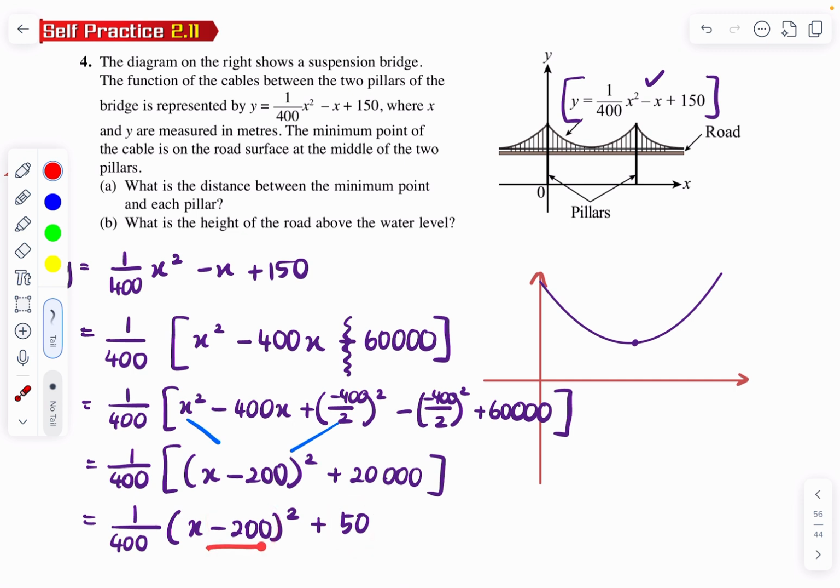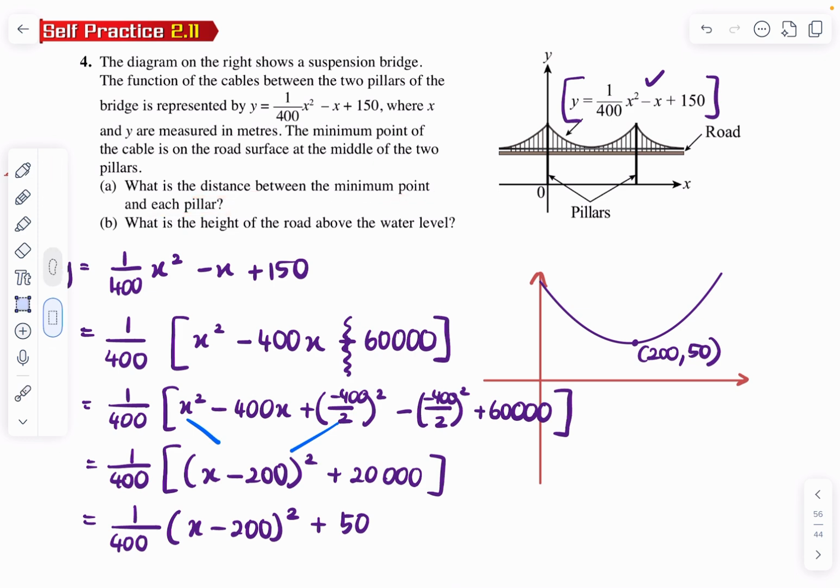So x will be 200. Y will be 50. So this point is (200, 50). Okay, remember for x you have to change the symbol when you're taking it out. So negative will become positive. So positive 200.